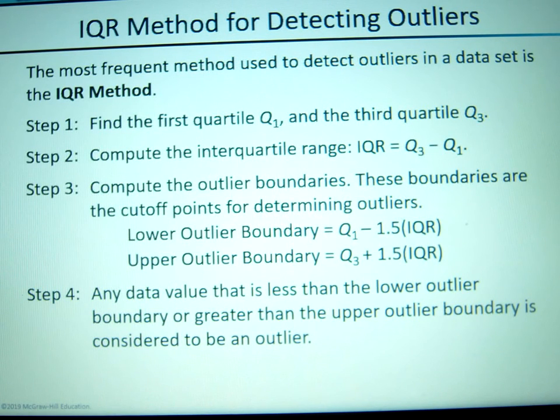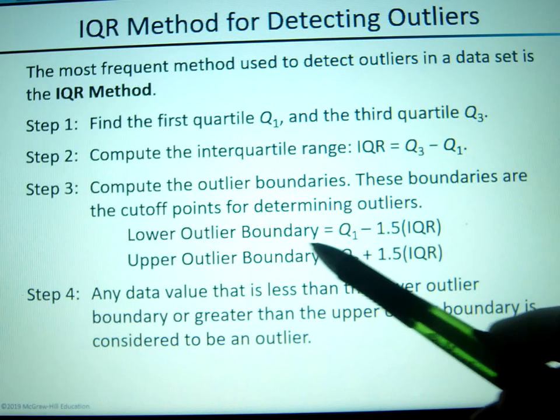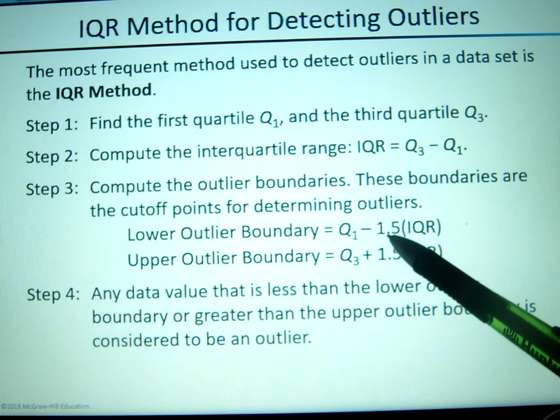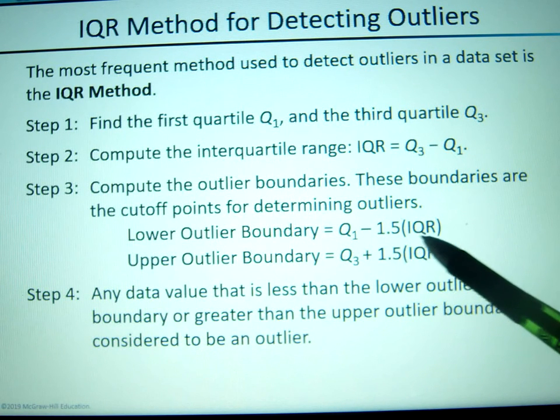Now the IQR method is one of the methods used to figure out if there are any outliers. To compute it, first you would figure out what that interquartile range is. That's your IQR. Then you would take your Q1 and subtract 1.5 times that IQR.